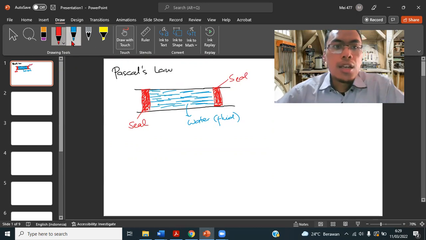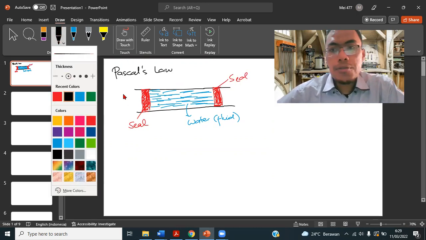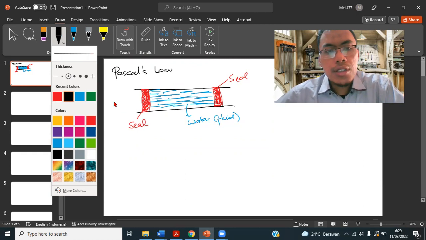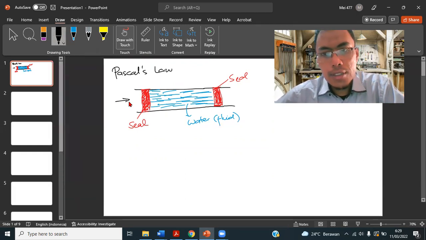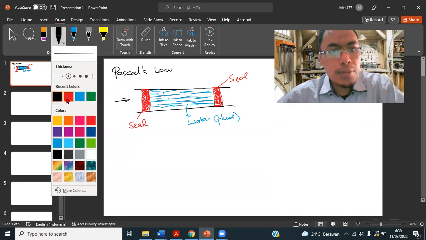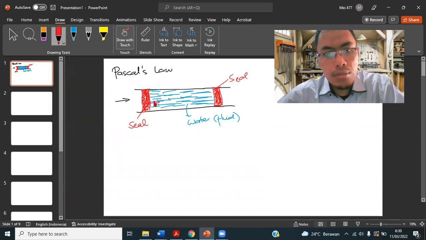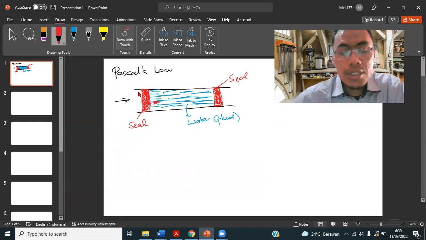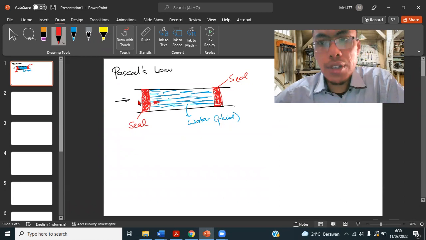Okay, and then let's say I have a force here, so I give force on the left seal, yeah, and then what's going on, yeah, when I push this seal, then the seal will move, yeah.